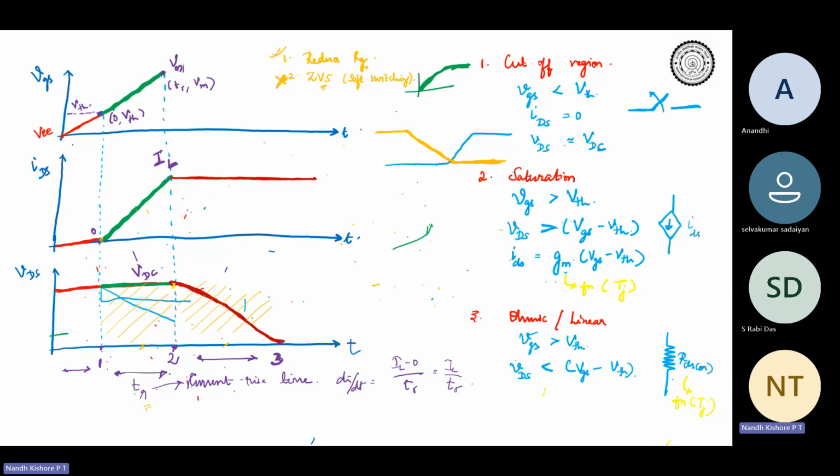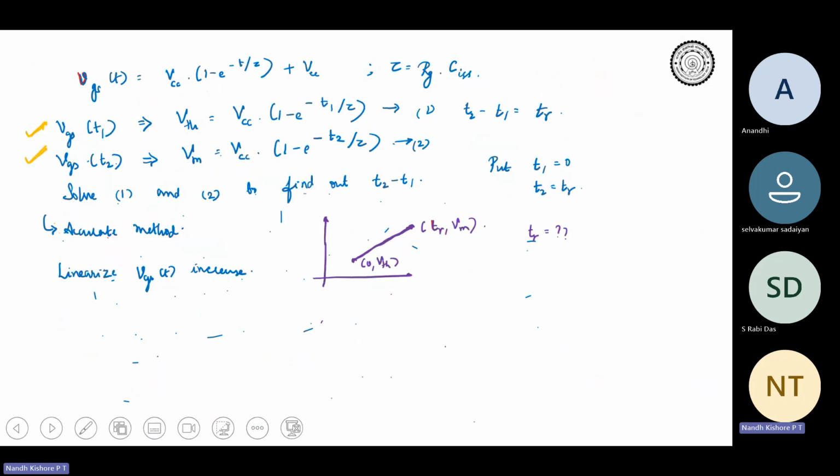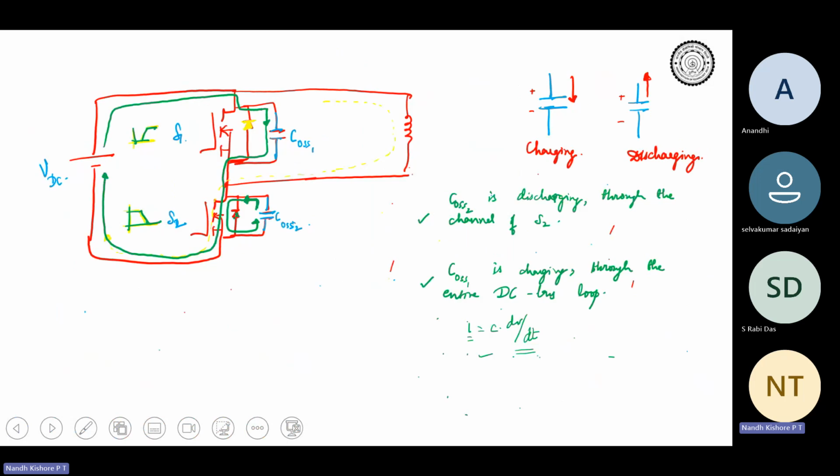Okay. So what happens to the drain source current during this interval? What is IDS? IDS2 can now be written as the original IL that was flowing through it, plus whatever is the discharging current of COSS2, plus whatever is the charging current of COSS1.